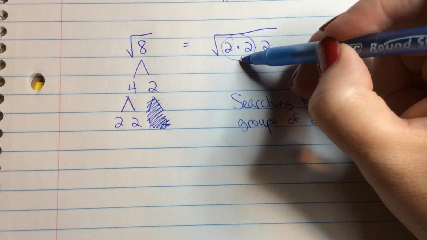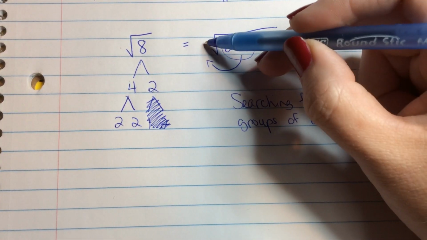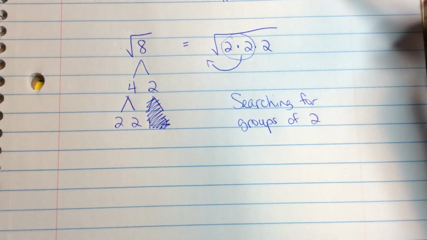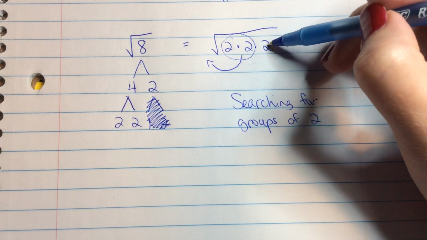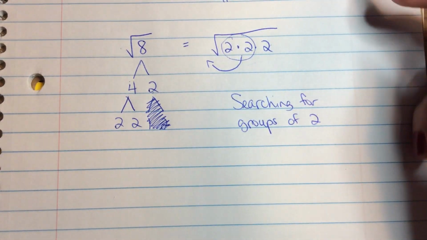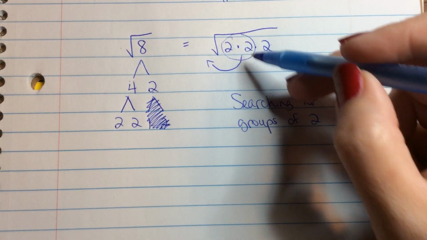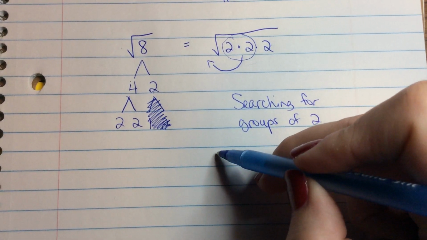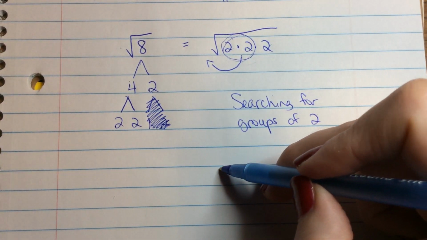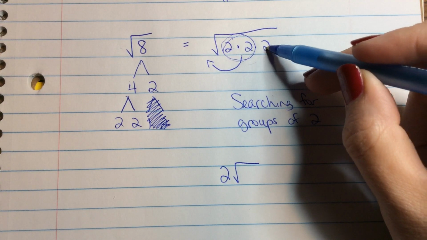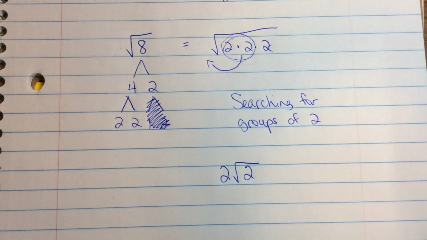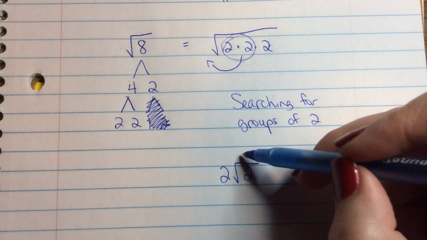So this pair of 2's is going to come out and be in front of the radical, while this 2 will stay behind. So when I rewrite it, I'm going to rewrite it down here, so that this pair is going to come out front, and this 2 gets left behind. And that's the final answer.